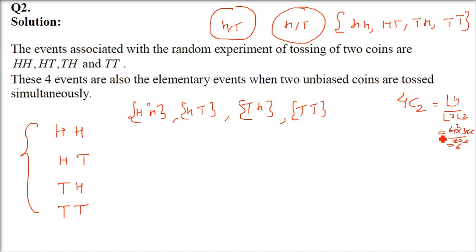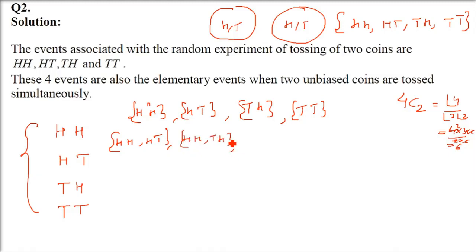So it will be 6. So there will be 6 combinations. How will it be? See, HH and HT, then HH and TH. You have to take 2 at a time, as I said, 4C2, so 6 combinations.